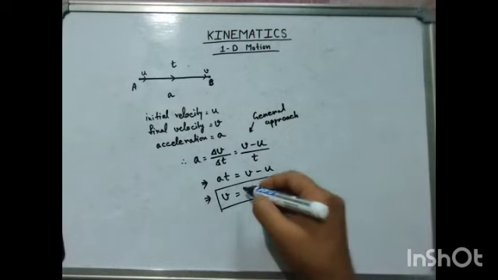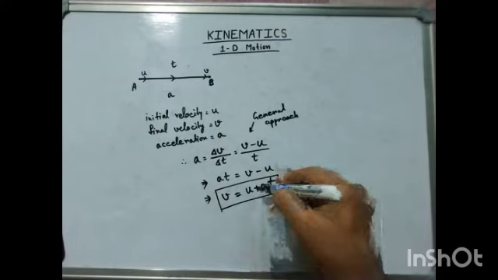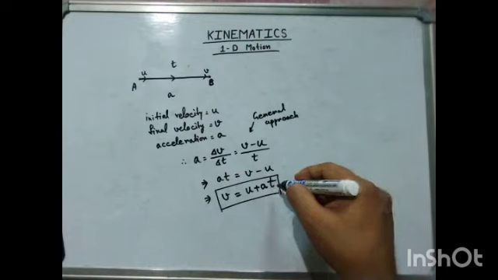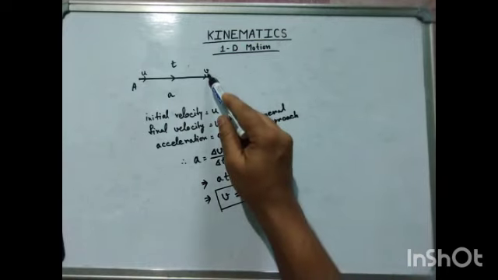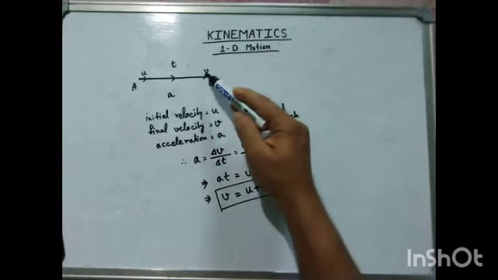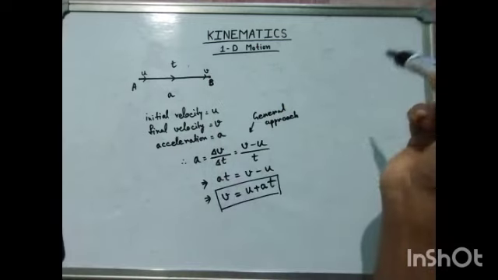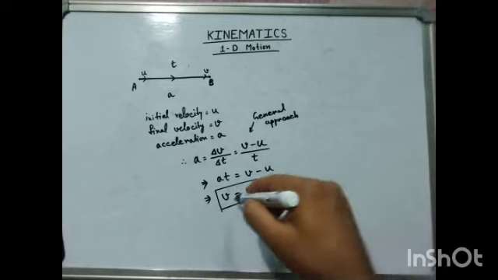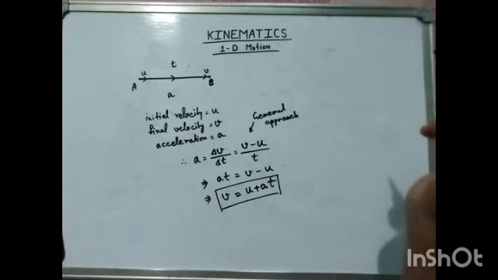This is the formula. So when you have some initial velocity and you know that you are moving with a constant acceleration, and you know the time, you can derive what will be your final velocity. So if u, a and t are known, then you can find the unknown v.